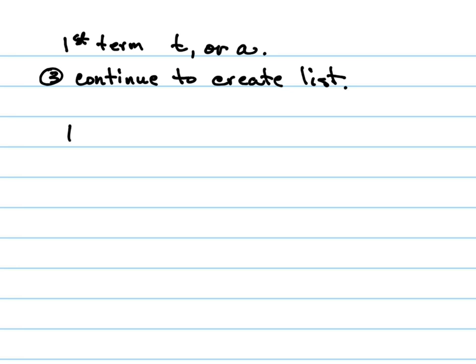So we can therefore say that t sub 1 is a, your first value, and any t sub n plus 1 is simply equal to t sub n plus d, where d is again the common difference. And so it's this type of notation that gives you trouble, but it's really not that big of a deal. All right? So if you're looking for the fifth number, then it's t sub 4 plus d, and you're always going to start with the original one.